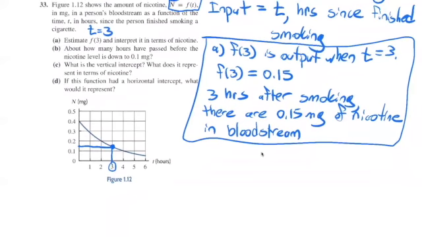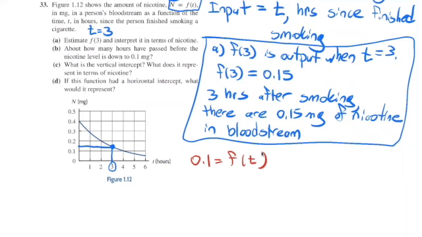In question B, we're being asked to approximate how many hours have passed before the nicotine has decreased down to 0.1 milligrams. So this is asking us to do the opposite.